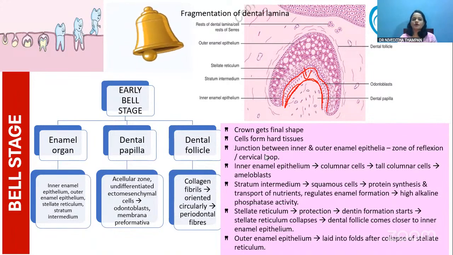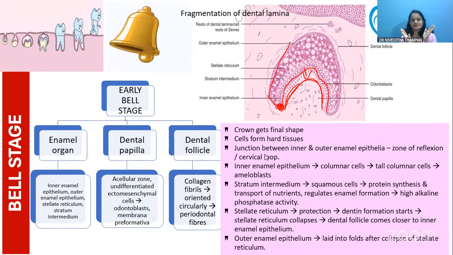Now this is the outer enamel epithelium and this is the inner enamel epithelium. The place where the outer enamel epithelium and the inner enamel epithelium meet forms a special loop-like structure. That special loop-like structure formed at the junction of the outer enamel epithelium and inner enamel epithelium is called the cervical loop.